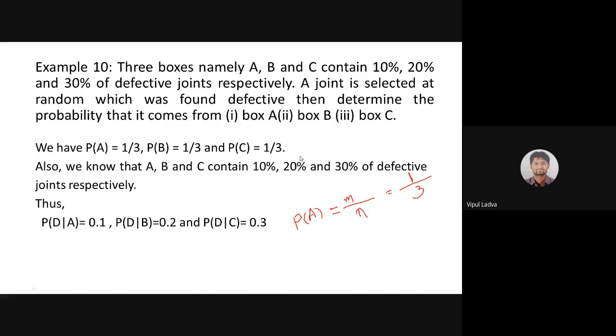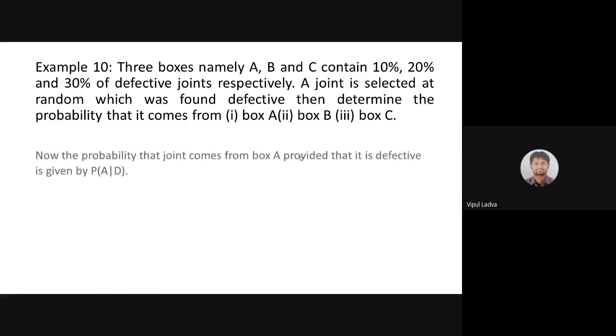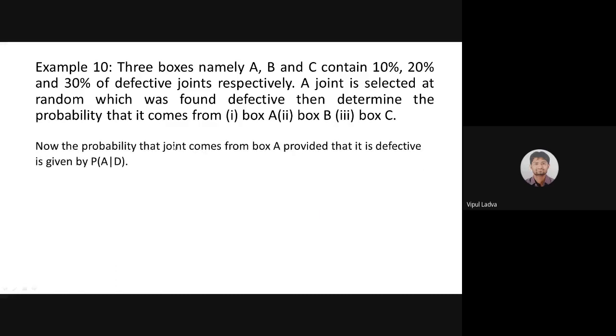Now moving ahead, what we are looking for: the probability that the joint comes from box A provided that it is defective. We are going for the first part of the question, and we are looking for the probability that the joint comes from box A, and it is earlier known that the joint is defective.